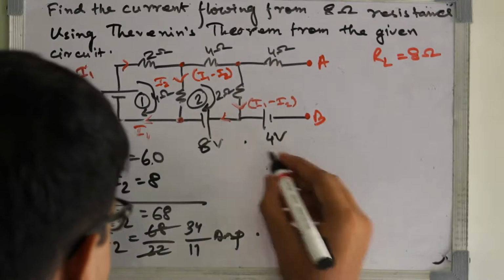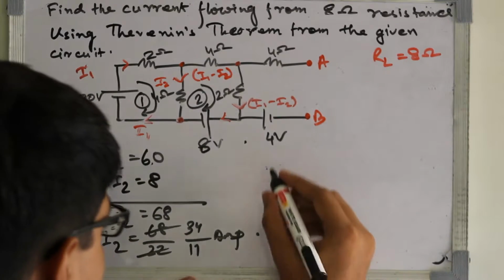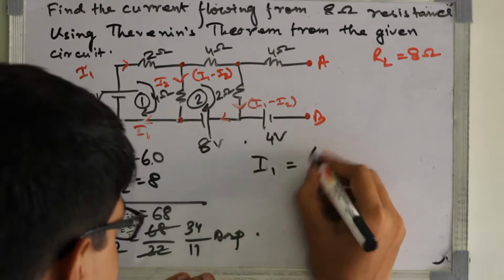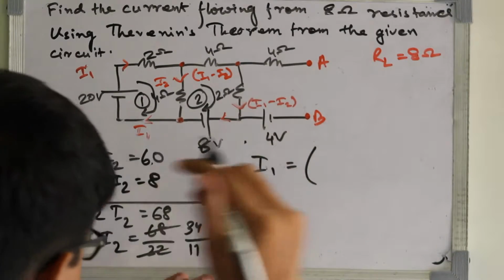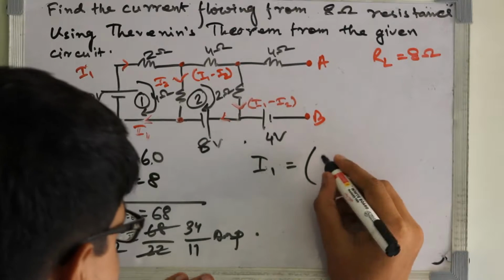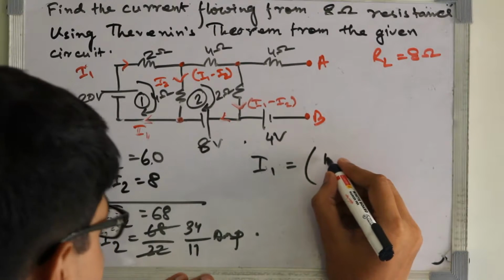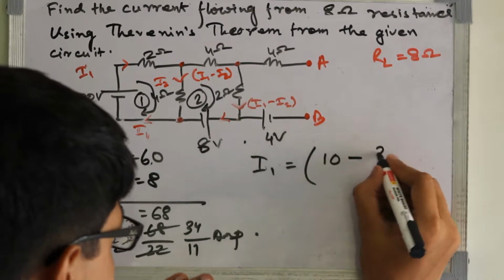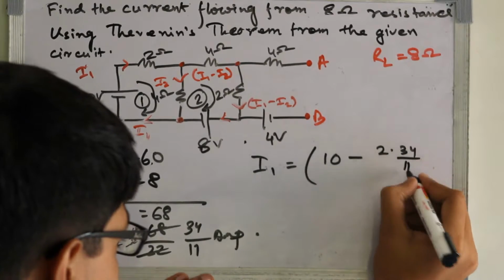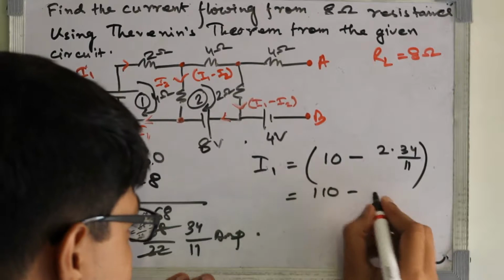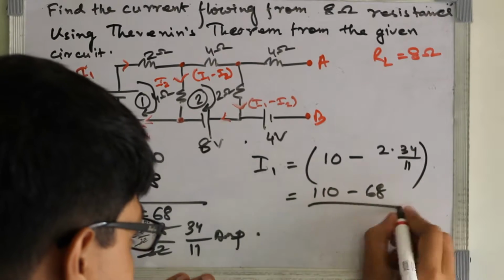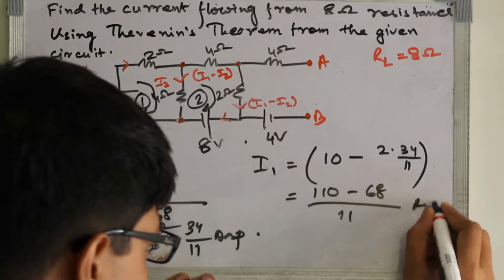Now we got the value of I2, and now I1 will be equal to 10 minus 2 into 34 by 11. So this is equal to (110 minus 68) by 11 amp.